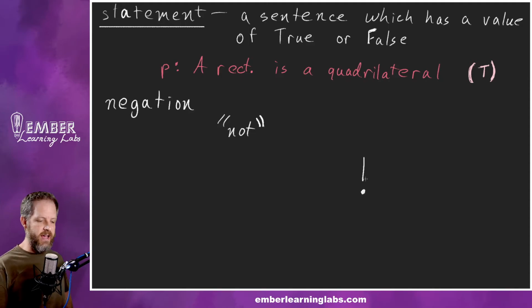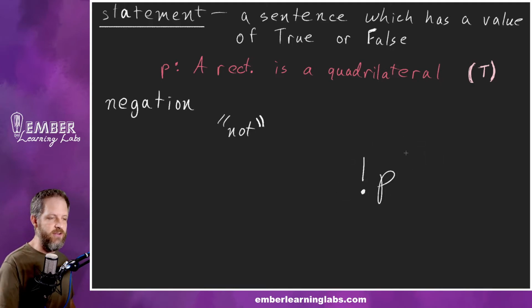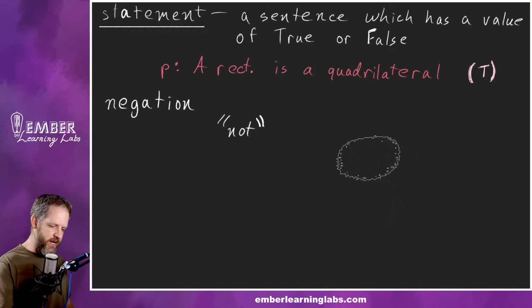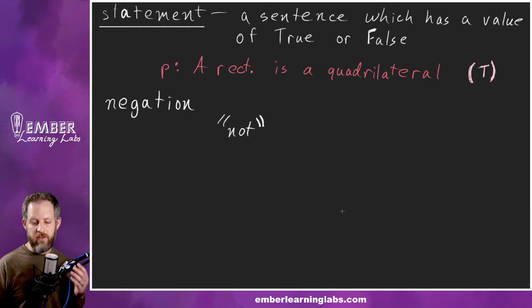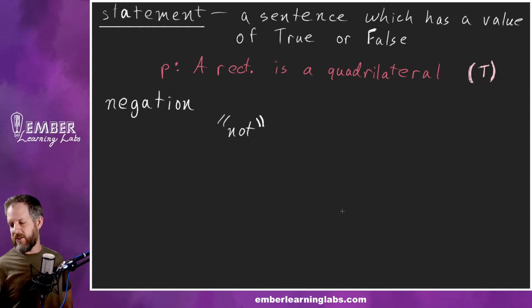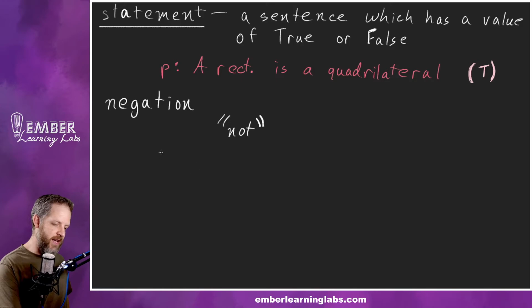This is not the way we're going to do it, though in a lot of programming languages, to negate a statement, you use an exclamation point. Our textbook that we are following for this course uses the tilde symbol. So if I put this, we would say not P.